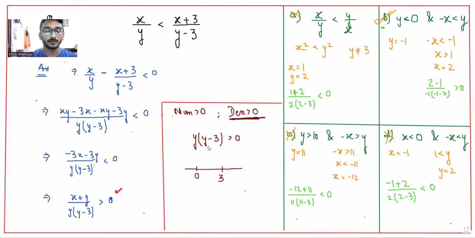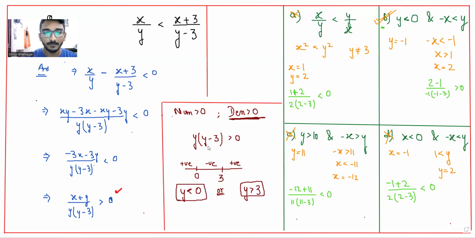If I substitute a value greater than 3, the whole thing is positive. Between 0 and 3, if I substitute anything, the whole thing is negative. And less than 0, it will again be a positive quantity. This is the fundamental of quadratics, how we can solve quadratic inequalities. So I can say that y can be negative or y can be greater than 3.